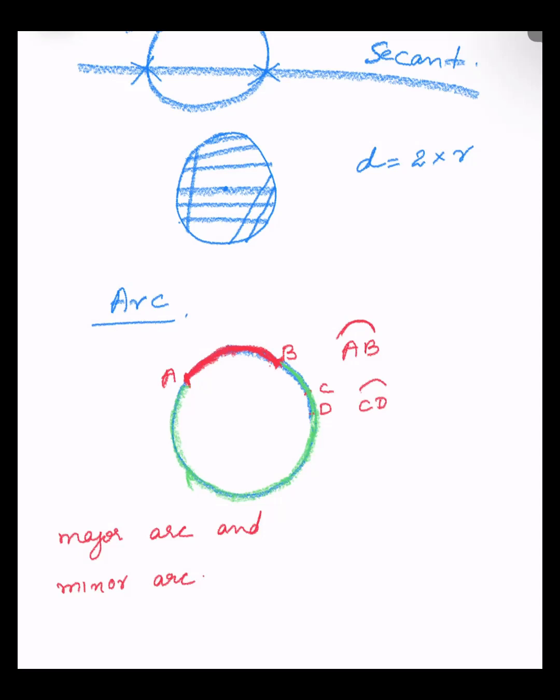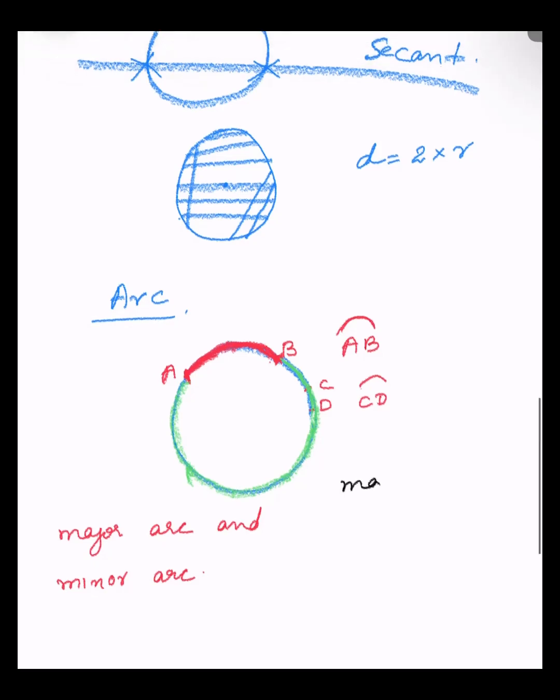Which is the longest path? The green color, ma'am. So the bigger one is called major arc. The longer one is called major arc, and the smaller one is called minor arc. Understood? Major and minor. That's all.